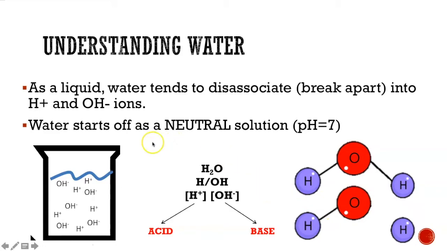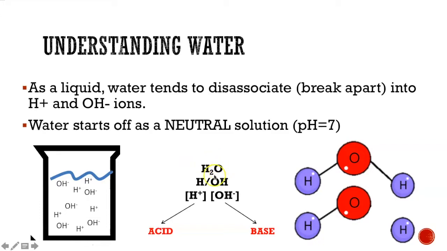Because we have an equal amount of OH and H's in water, we call this neutral. We're going to get into what pH is and talk about all that today. But just know that when we look at a glass of water, we're looking at separate hydrogen and hydroxide ions swimming around, and because we have an equal number of each, we have a neutral solution.